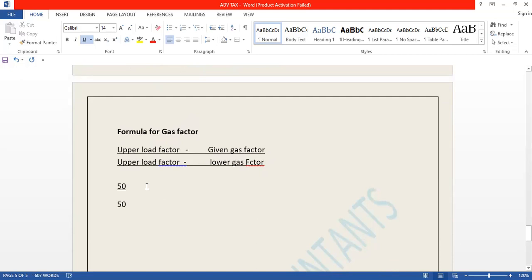The upper gas factor here is 16.9 based on what you are seeing here. Then here also, we bring it down as minus. The same thing will be repeated here.